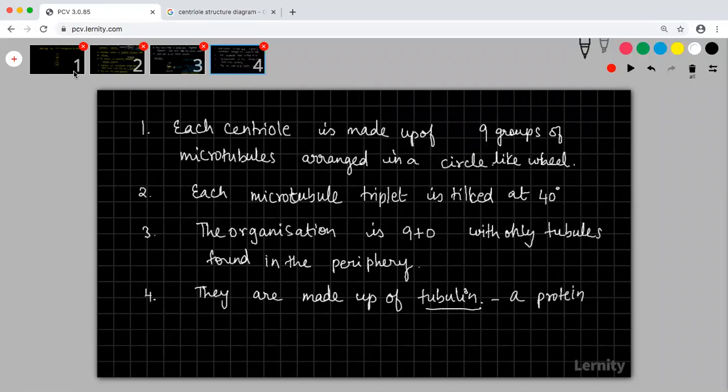I'll just explain why. The fifth one, the adjacent triplets.